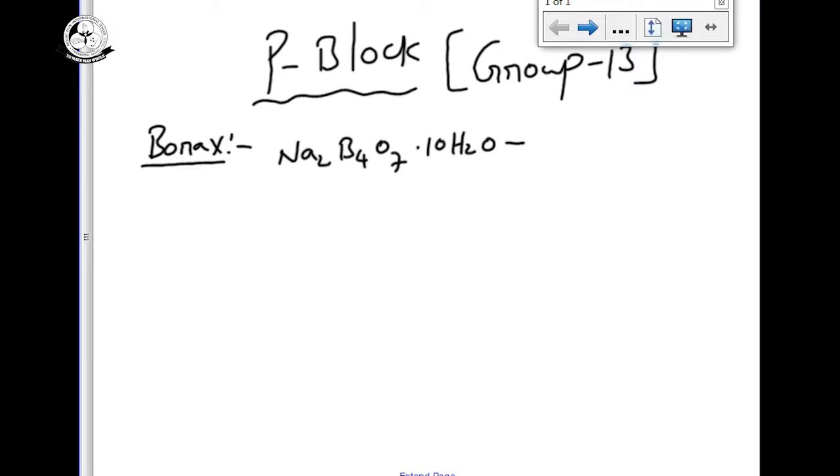Another name for borax is Tincal, or Suhaga. The common name is borax.